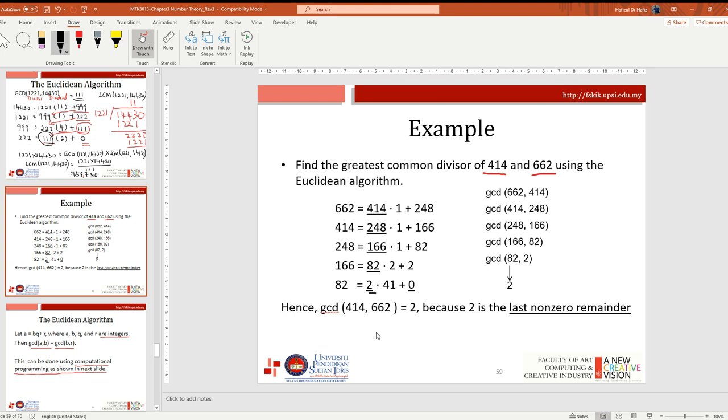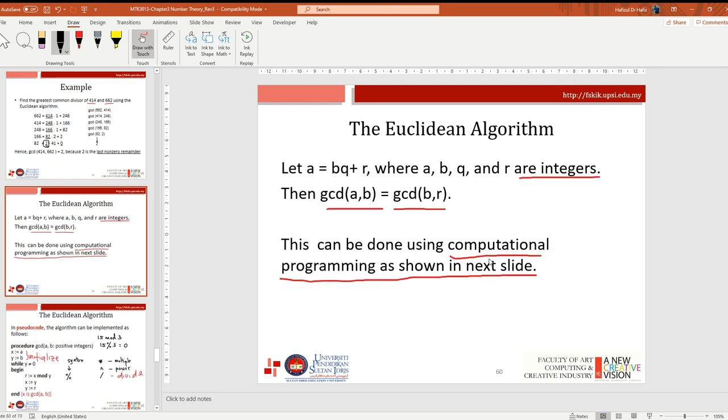Okay, another example: find the greatest common divisor of 414 and 662 using the Euclidean algorithm. The answer is 2, it is the minimum, because it is the last non-zero remainder.